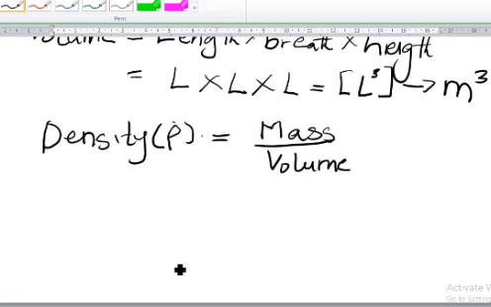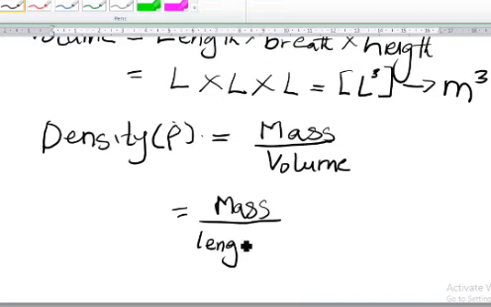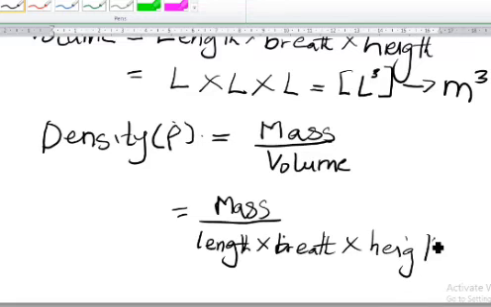And we can understand this to be mass over length times breadth times height.